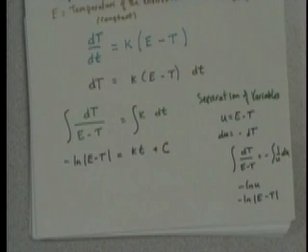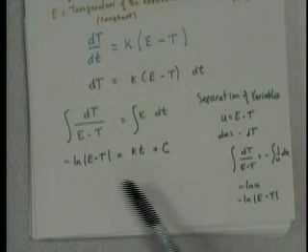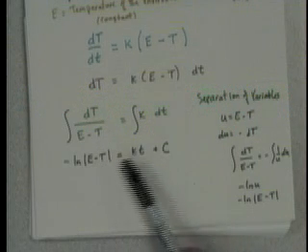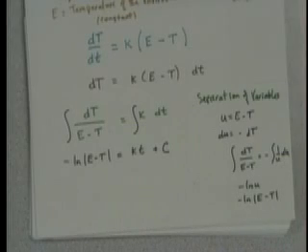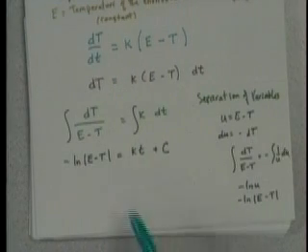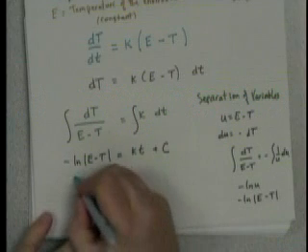So when I anti-differentiate the left side, I get negative the natural log of E minus capital T. On the right side, I get k times lowercase t plus c. I want to solve this for capital T, so I'm going to take the negative sign through everything.